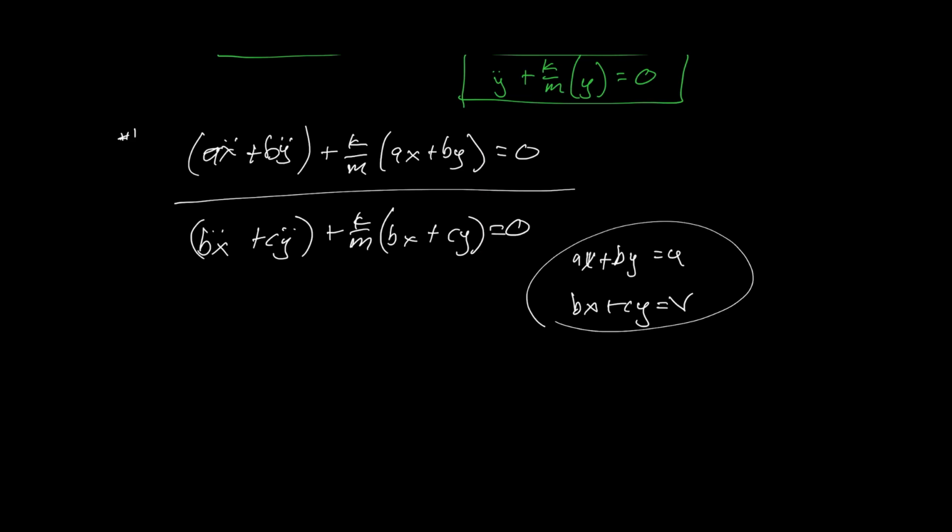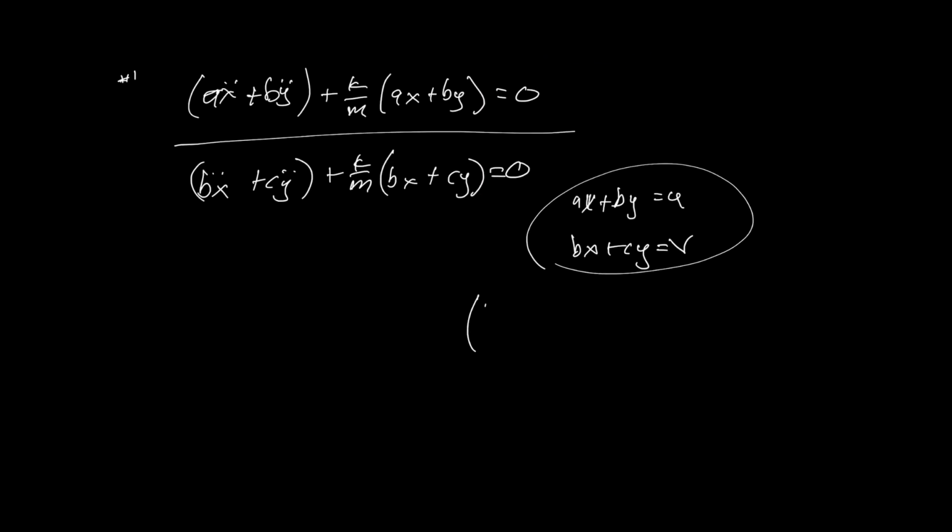We can set this up like this: the vector (u, v) equals the matrix a, b, b, c times the vector (x, y).